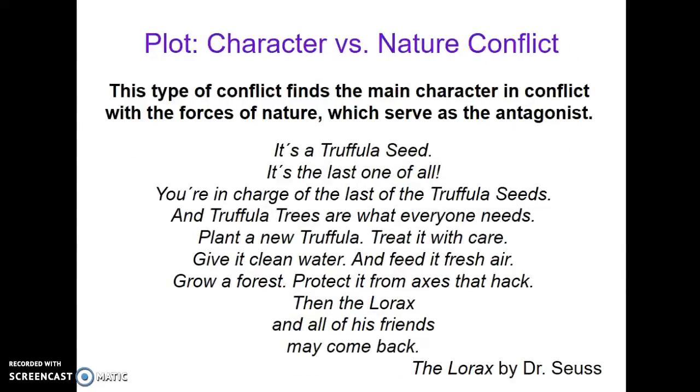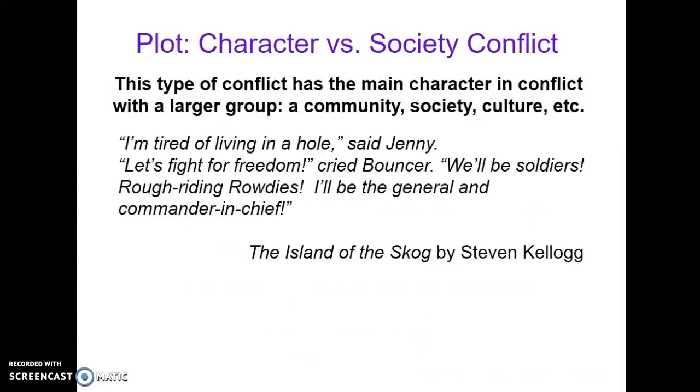Next, we have character versus nature, and this is when the main character is in conflict with the forces of nature, which serve as the antagonist. So you think of some stories about someone being lost at sea because of a storm. So in that case, the storm is the antagonist, and there is a character versus nature conflict.